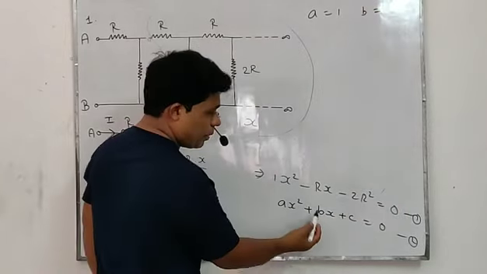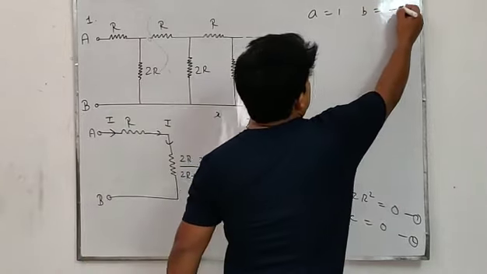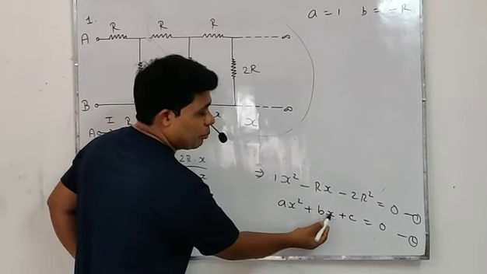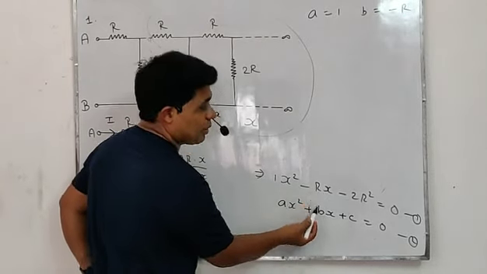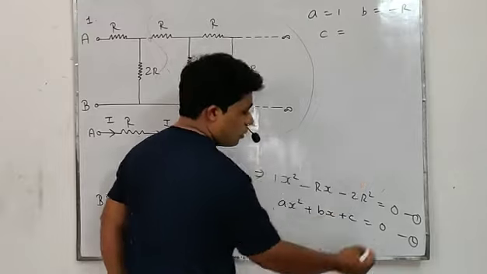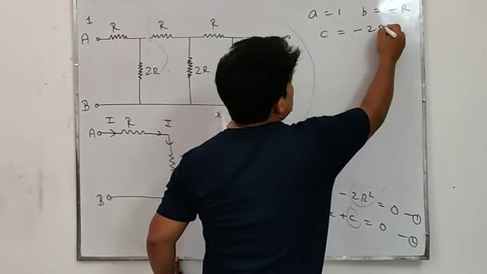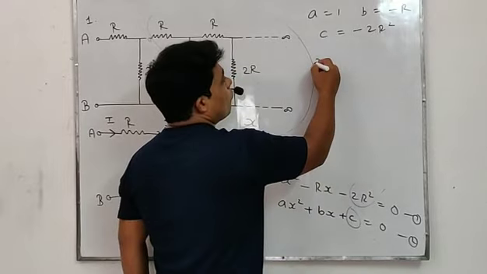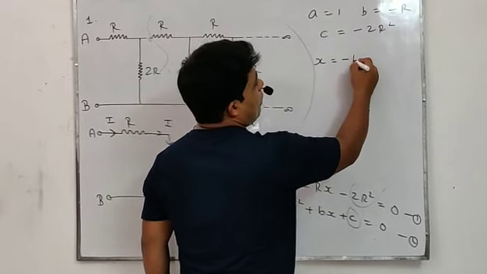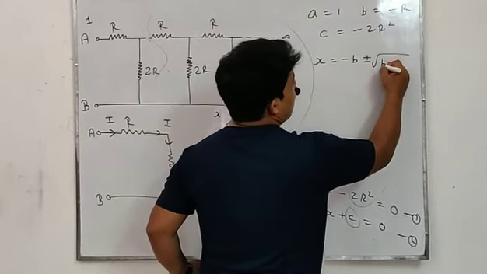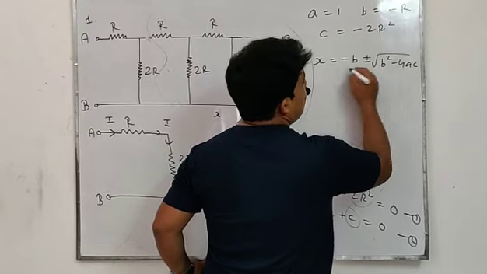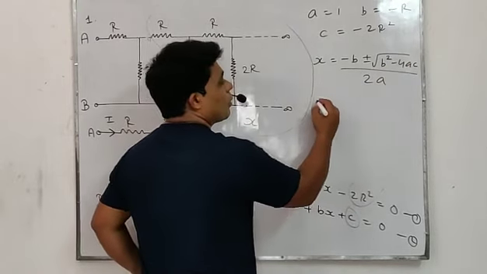What is b? b is minus R, the multiple of x is minus R. And finally c is this entire term, which means minus 2R square. Now for getting the value of x, we have the formula x equals minus b plus minus square root of b square minus 4ac upon 2a.